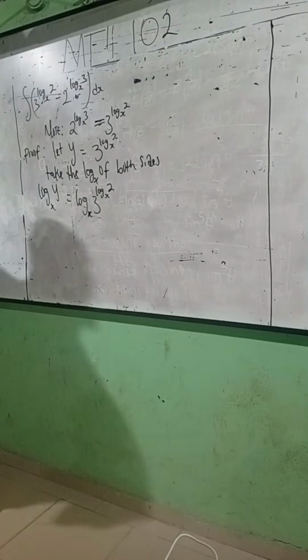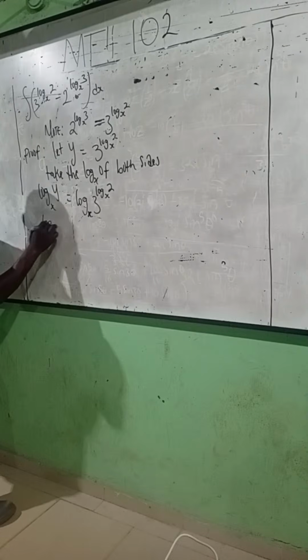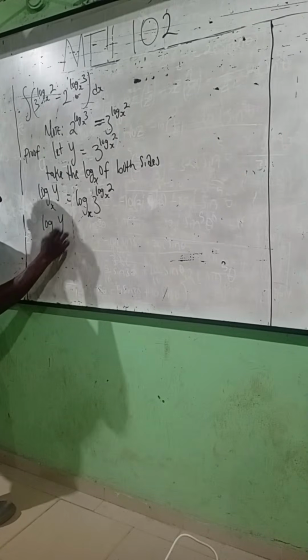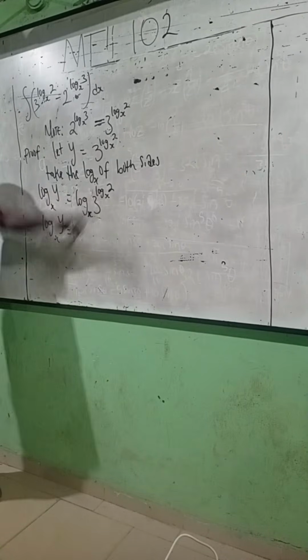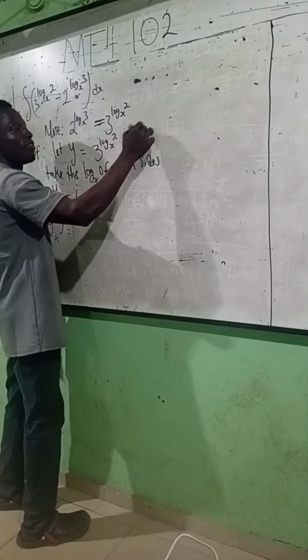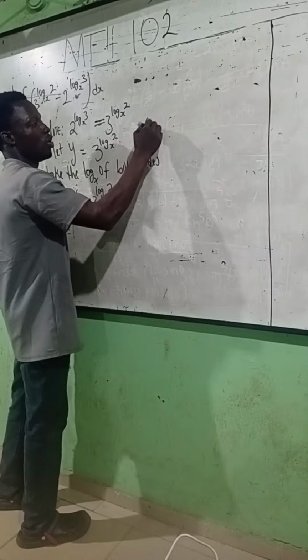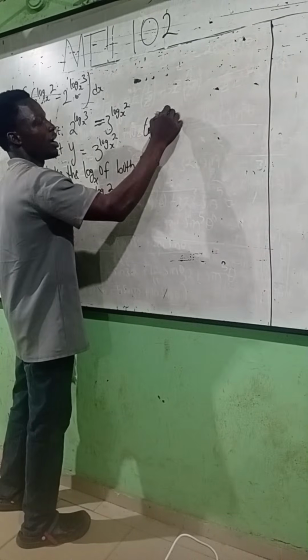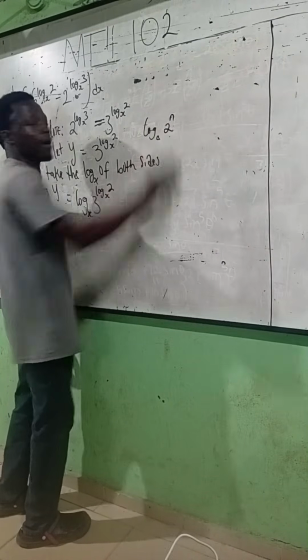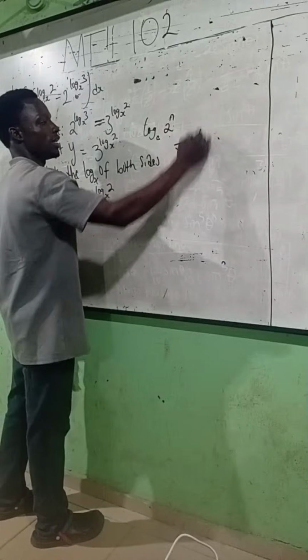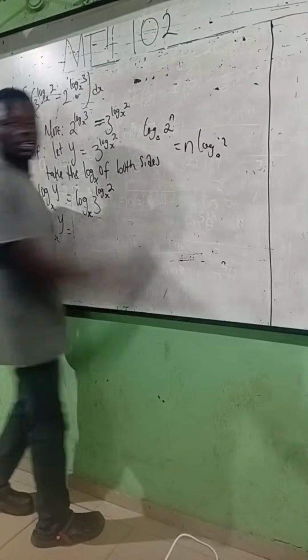How's it? So here we have what? Log y base x equals, no, this is power. If you have log 2 base a raised to power n, it gives you n log 2 base a, right?